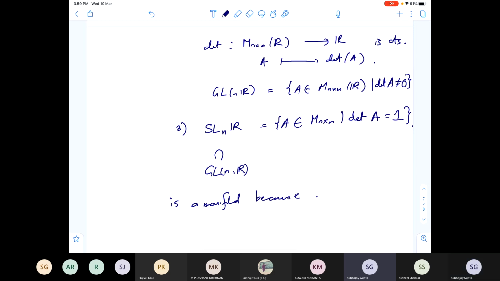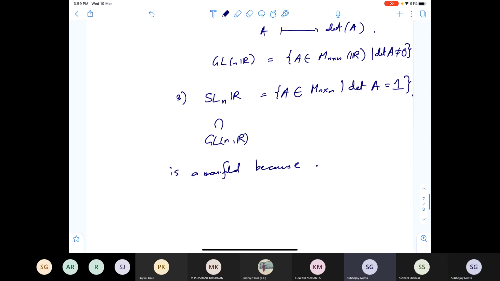Because of what we were discussing, you can prove that if you look at the determinant map, you're basically looking at the inverse image of 1, and you can prove that the points in this pre-image have full rank.